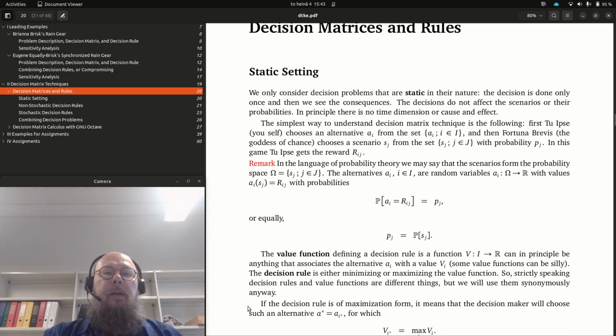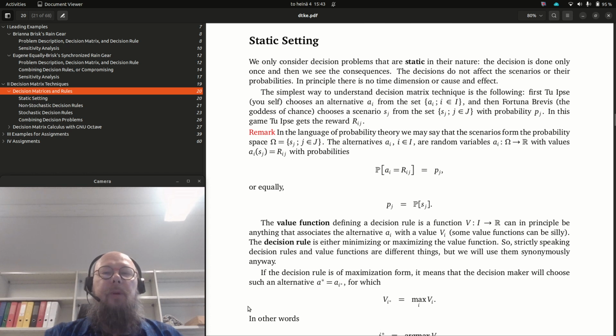A little bit more notation here. If the decision rule is of maximization form, it means the decision maker will choose such an alternative A star, which is A_{i star}, for which v_{i star} is the maximal value of all these v_i. So v_i is the value of alternative i, and max_i v_i is the maximal value.